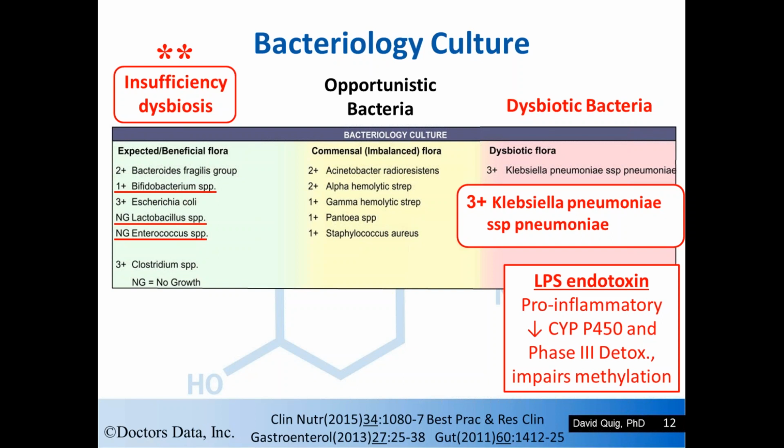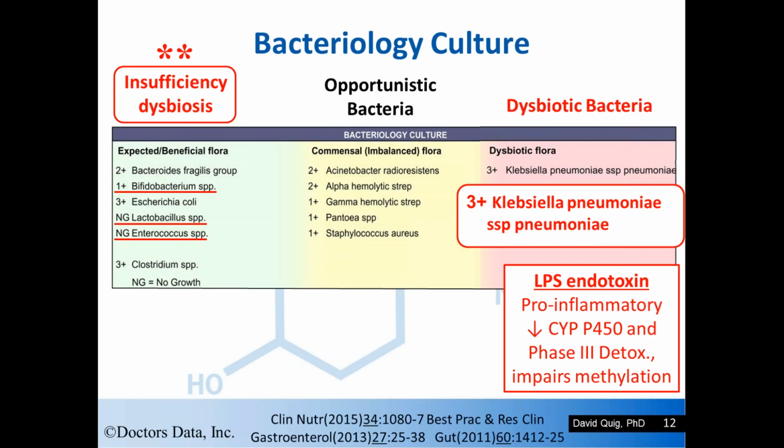There's estimated to be about 1 million copies of LPS per cell of gram-negative bacteria, and this really becomes problematic when we have increased intestinal permeability, especially through the zonulin activated pathway of breaking the tight junctions.